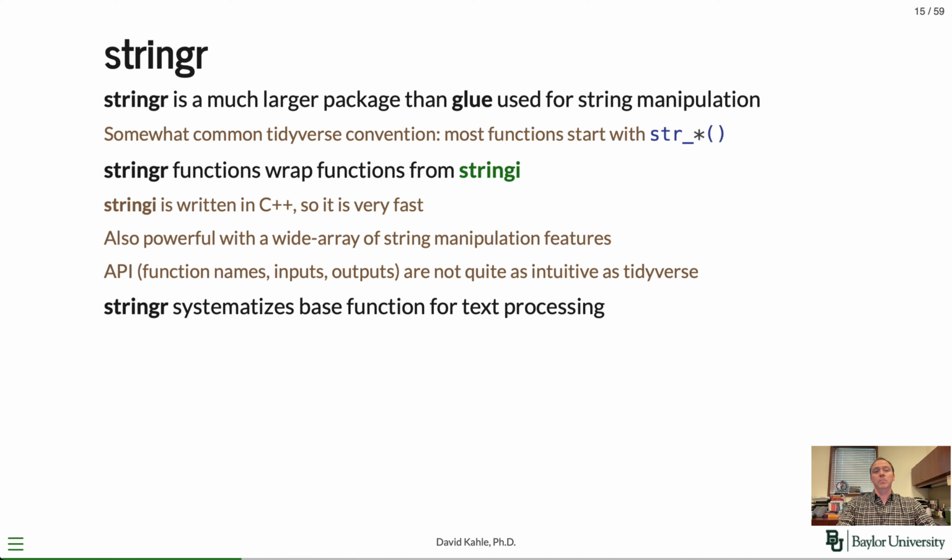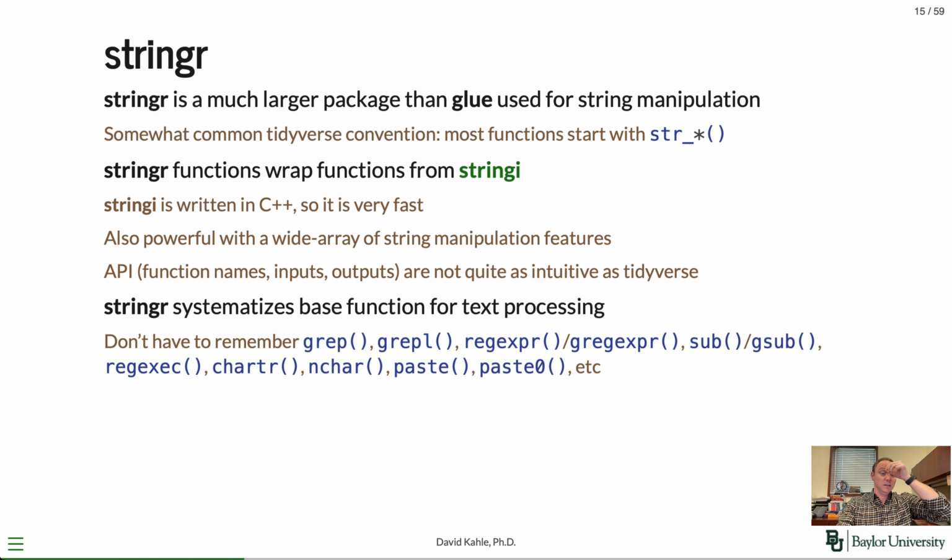Well, base R has a function that does that as well, and it's just called grep, okay? And if you're not familiar with that, it gets very confusing. So stringr systematizes this and makes it a little bit easier. You don't need to know grep or grepl or regexpr or gregexpr or anything like that. You can now just know the new ones that are going to come in for these. As I said, I'll show you a chart later that goes back and forth.